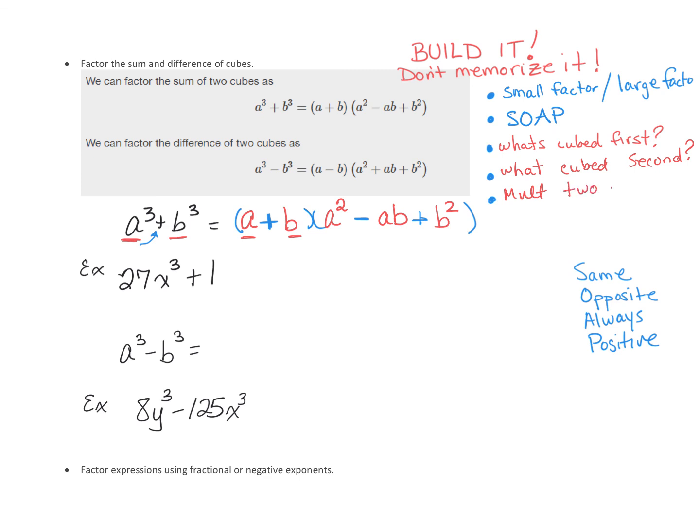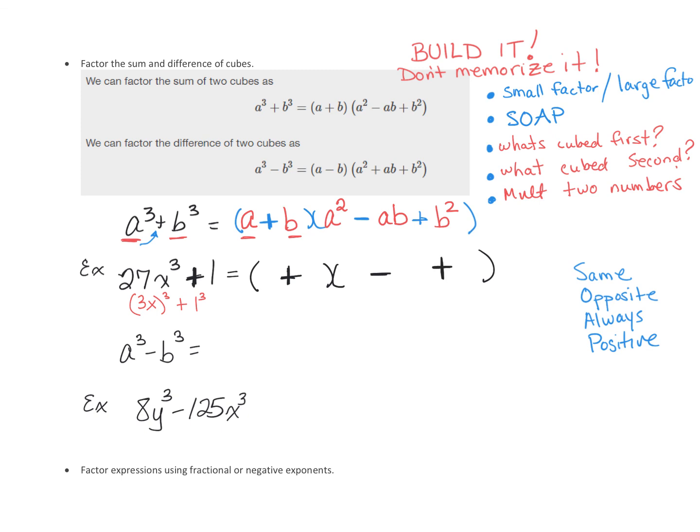So let's take a look at this example. What's cubed here? This is a 3x cubed plus 1 cubed. So we're going to build it. We're going to build our sum of two cubes. Small factor, large factor. The sign is plus, so it's going to be the same, opposite, and always positive.